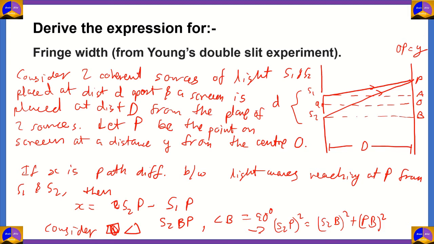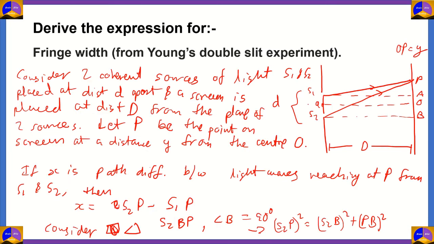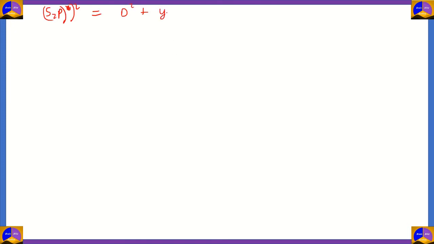So PB square can be written down. Let's consider S2P the whole square to be equal to S2B, which is the distance between the slit and the screen, so that's D square, plus the distance OB, which is d by 2, so y plus d by 2 the whole square.